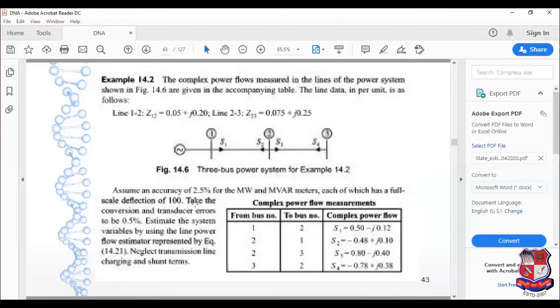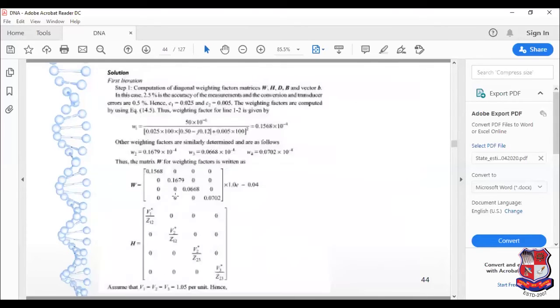Okay. Now, more precisely, we are going to discuss the weighting factor. In order to discuss the weighting factor, the percentage of accuracy is given for the megawatt and MVAR meters, which also have a full scale deflection given. So, in order to determine the value of the weighting factor, we have to use the empirical formula.